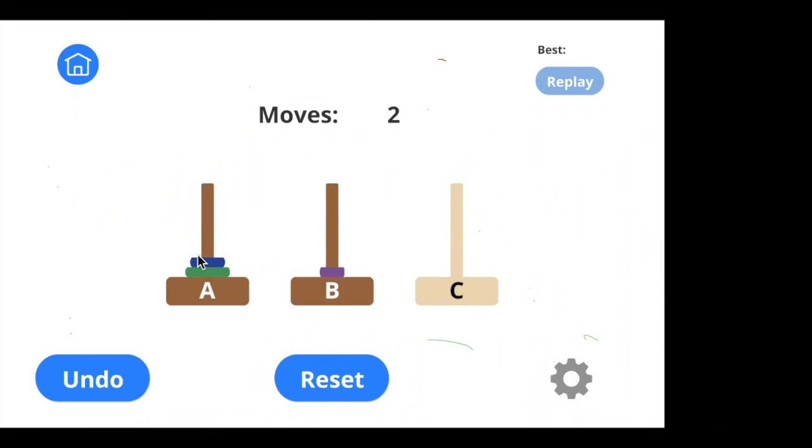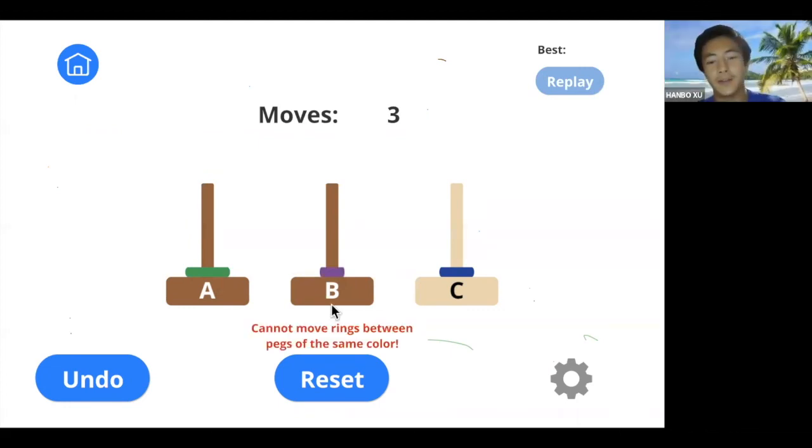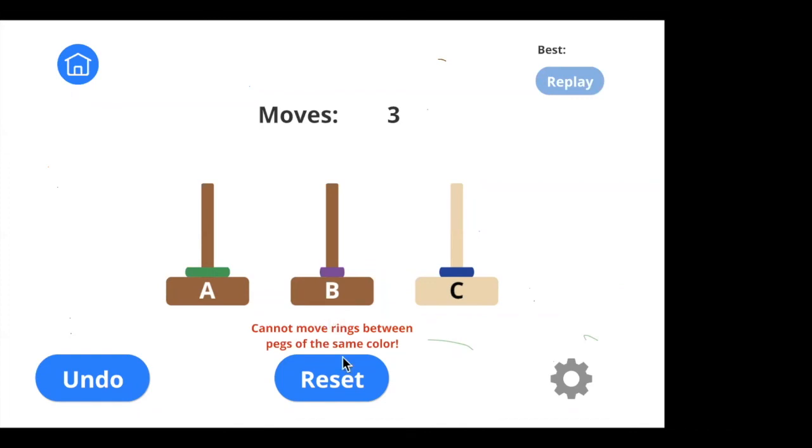Blue to C. B to A. Actually, you can't move the purple from B to A, remember. What you can do is move it to C and then to A. Purple to C. Good job.